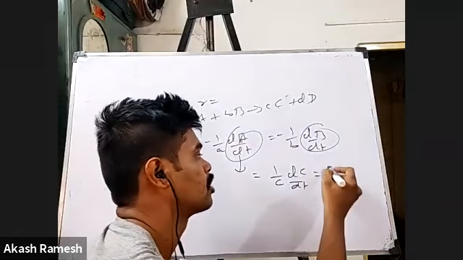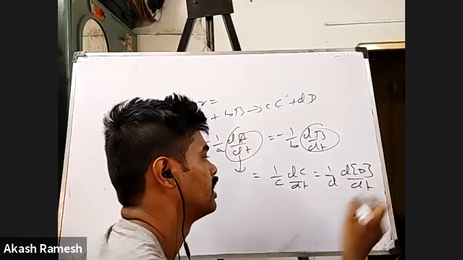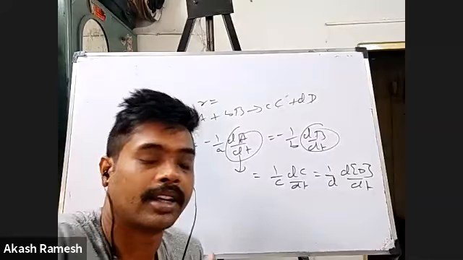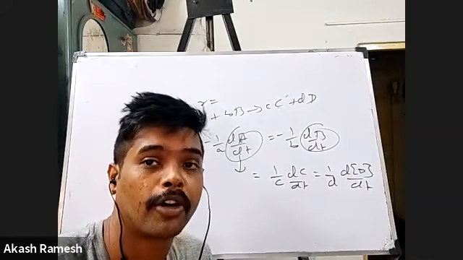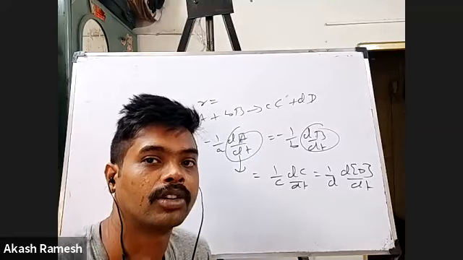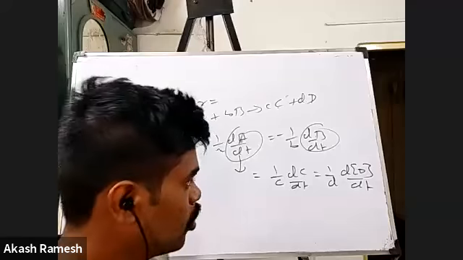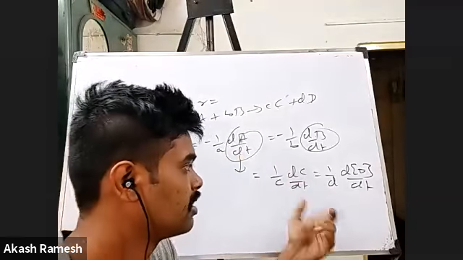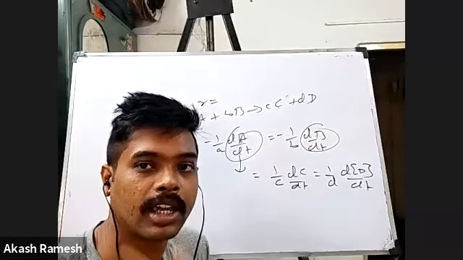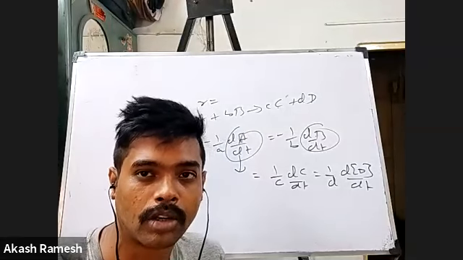And same way, it's equal to 1 by d into dD by dt, where dD by dt is the rate of formation of D, and 1 by d into dD by dt is equal to the rate of the chemical reaction, right? So you would have understood why I am putting a, b, c, d into this picture, because I gave you an example for formation of water, H2 plus O2 giving H2O.